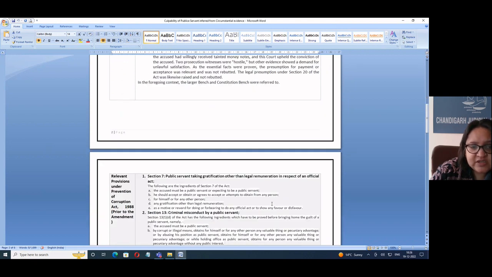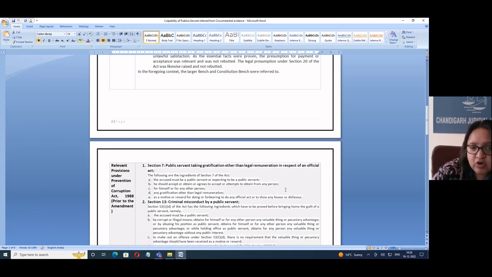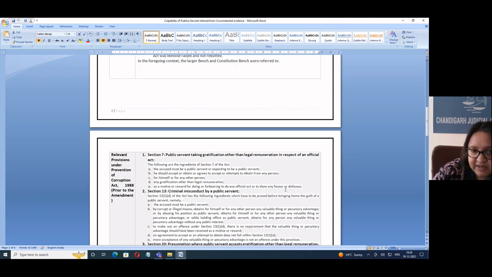Now, the relevant provisions considered under the Prevention of Corruption Act 1988 prior to the amendment by the Constitution bench were Section 7, which speaks of a public servant taking gratification other than legal remuneration in respect of an official act. The Honorable Supreme Court also gave out the ingredients of Section 7 of the Act: the accused must be a public servant or expecting to be a public servant.